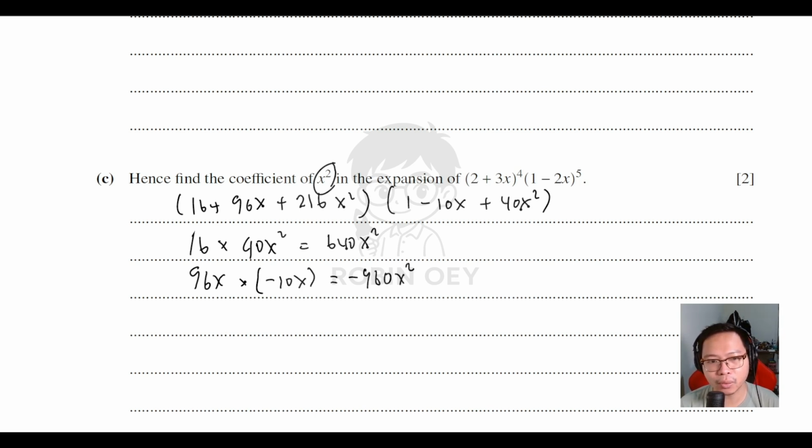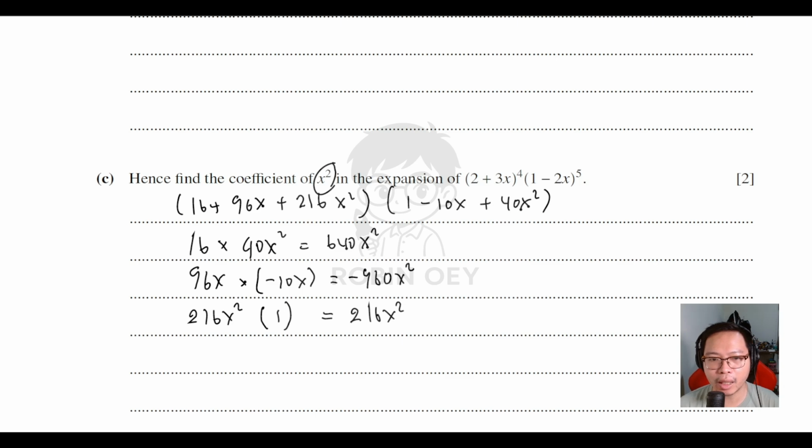And then the last one, we have 216x squared. Since this is already x squared, we just have to multiply it with a non-variable term. Okay, a non-variable term here is 1. So that is 216x squared.